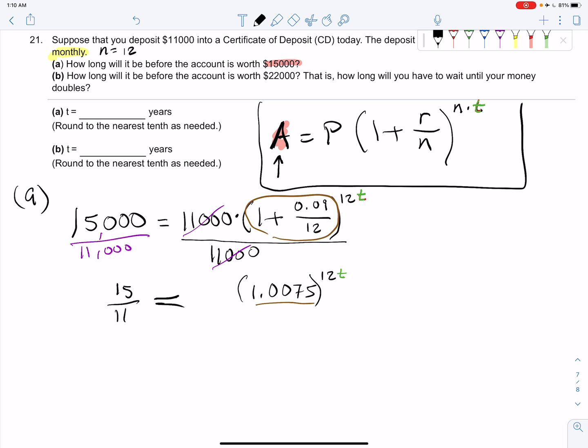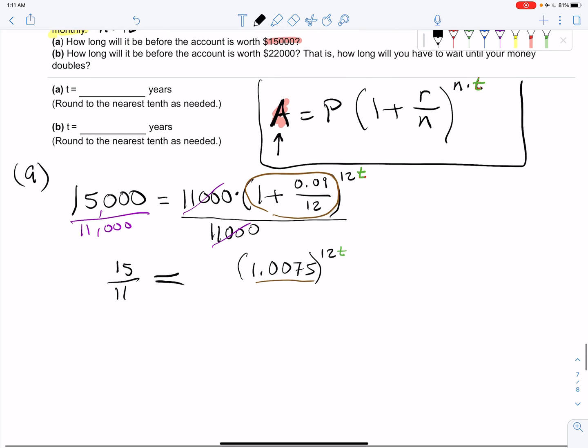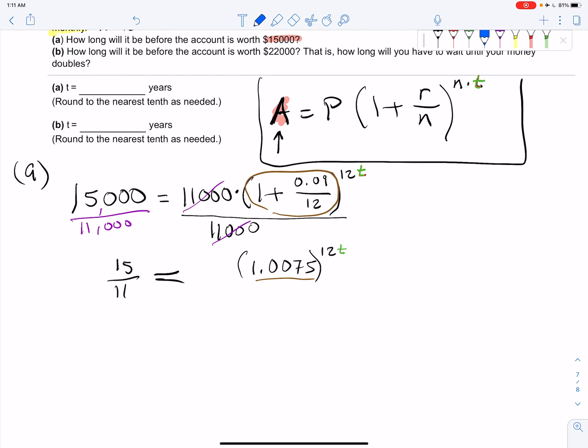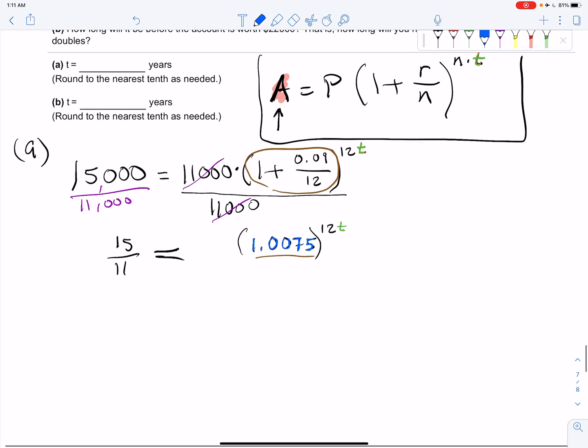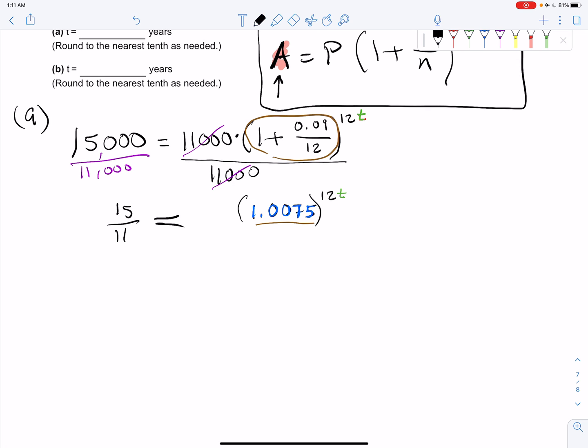Anyhow, the point is, we have an exponential equation with a funny looking base, but it still is a legal base that we can use. So I could take that exponential base and write it as a logarithm. So what is the base? It's a nasty base. Log base 1.0075.